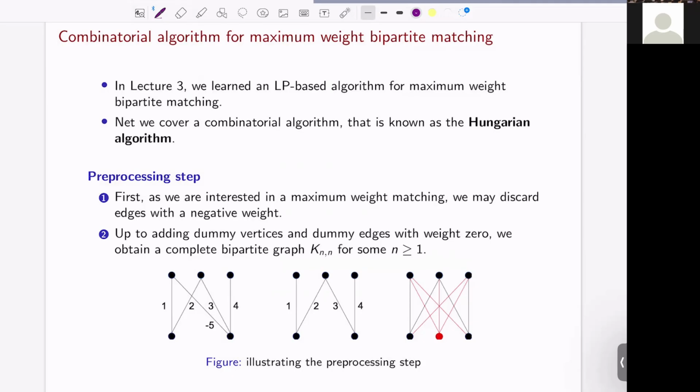And we also have this negative edge of weight -5. We first take out this edge with weight -5. Then we add 1 vertex at the bottom, and we also add all possible edges between vertices from one side and the other side. So this is the pre-processing step.